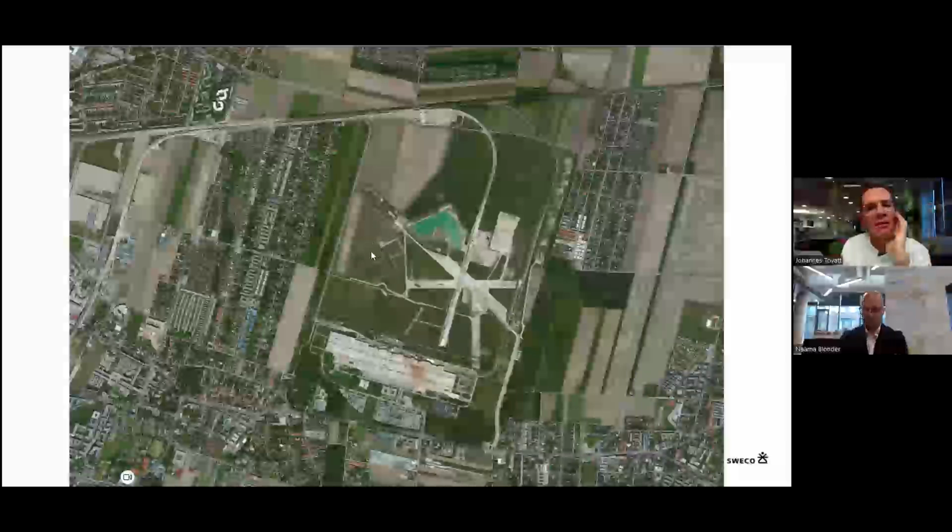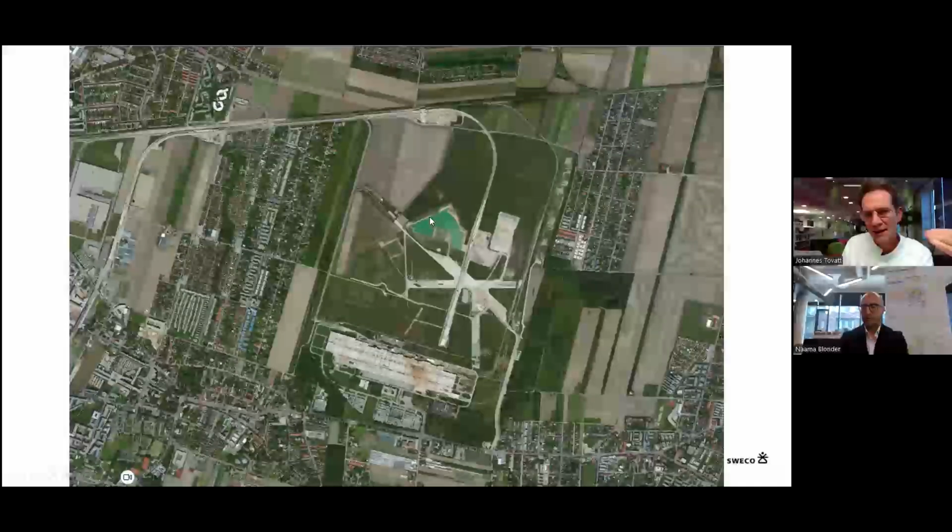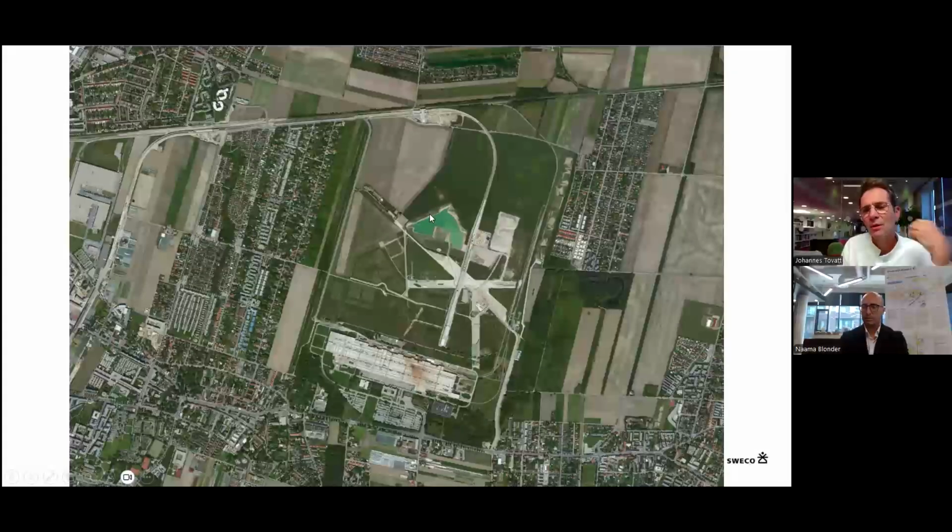And this is an aerial view probably from around 2010, with the metro line in place and the groundwater lake in place. So the initiation of the project was very conscious from a political point of view.